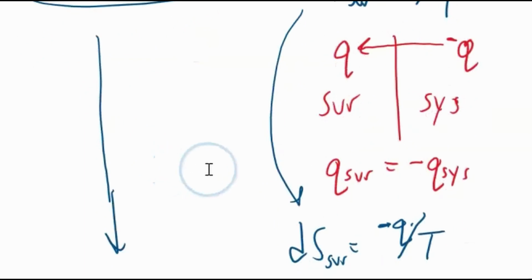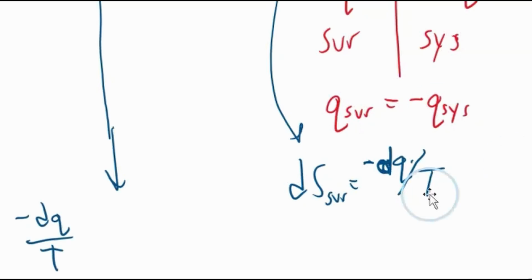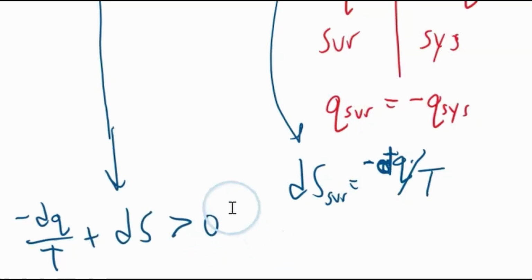This infinitesimal change in the surroundings is negative dq, not q, negative dq. So we have negative dq over T. Some people like to put a line over this dq just to show that this is an inexact differential, not an exact differential, plus dS has to be greater than 0.